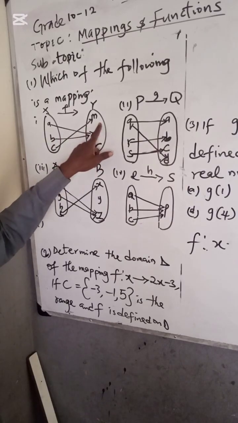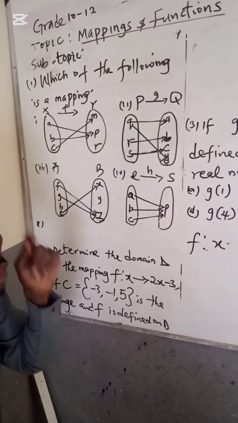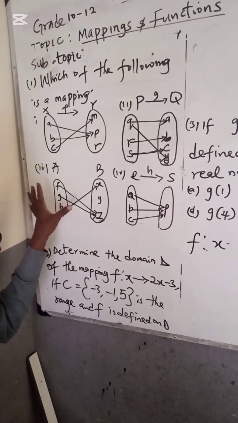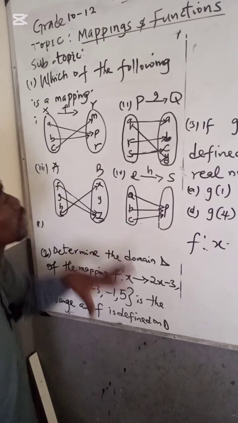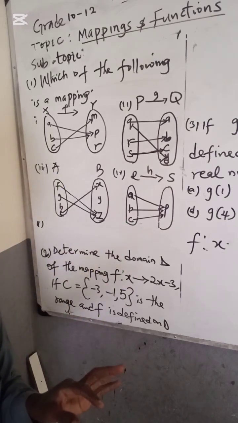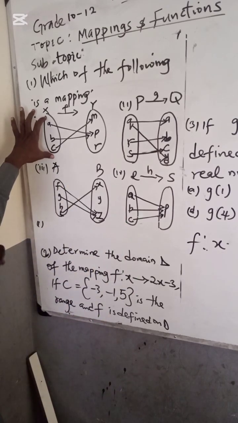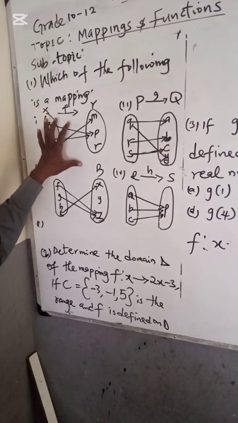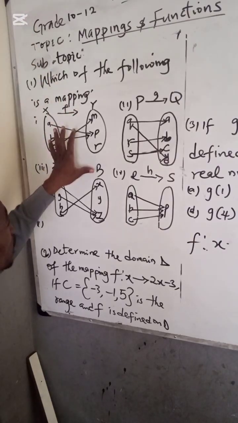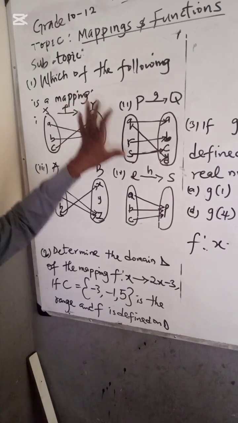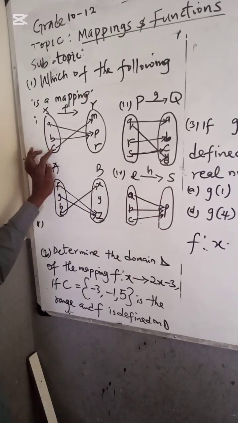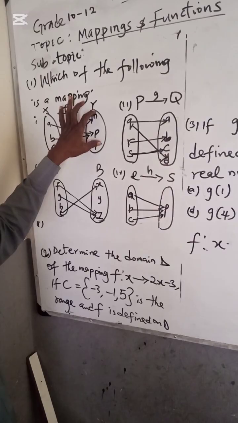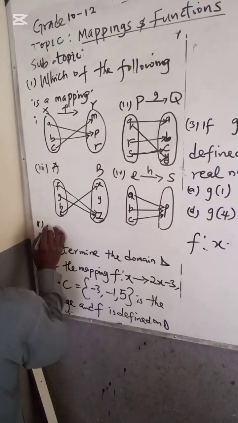Element C has an image. The first condition that shows a relation is a mapping is that each element in the domain must have an image in the co-domain. Now, all these elements have images. Therefore, number 1 is a mapping.